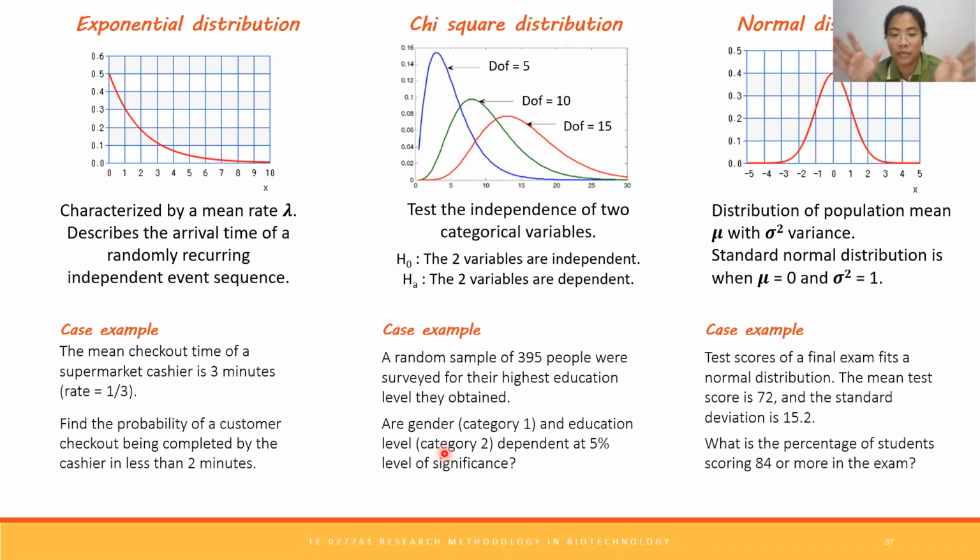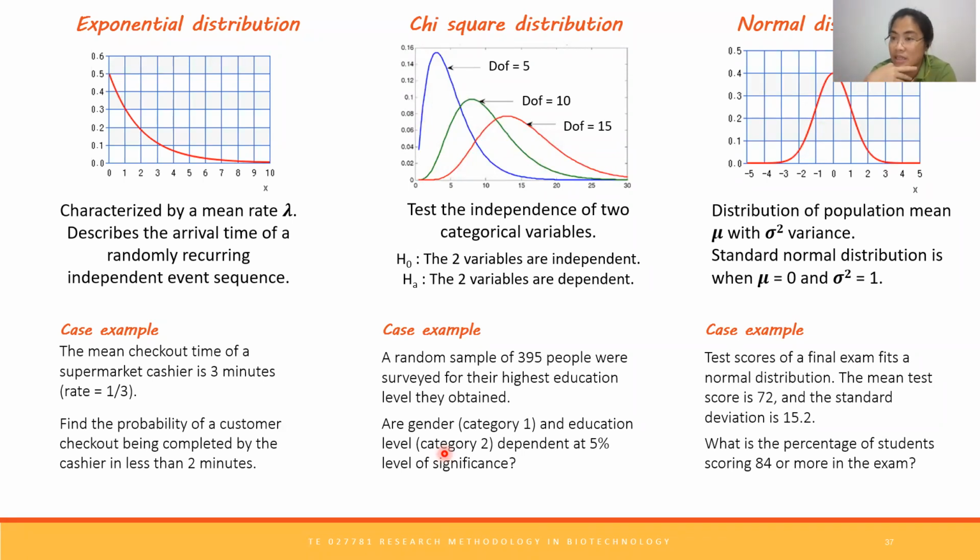So the chi-square distribution is trying to say whether the education level depends on gender. It's more like, are more men finishing higher level education than women, that sort of stuff.